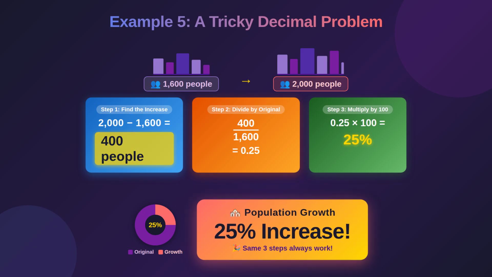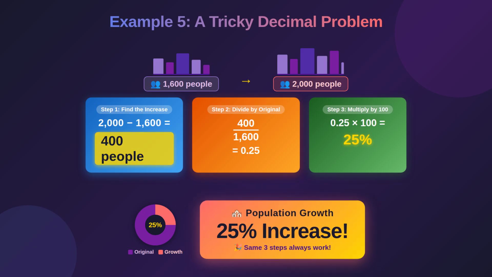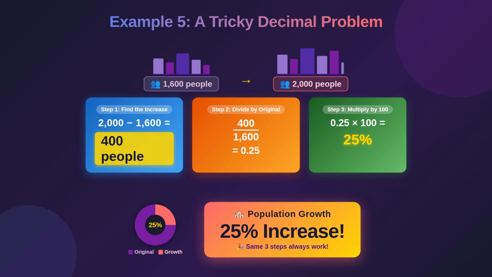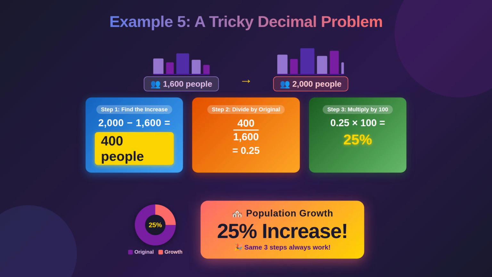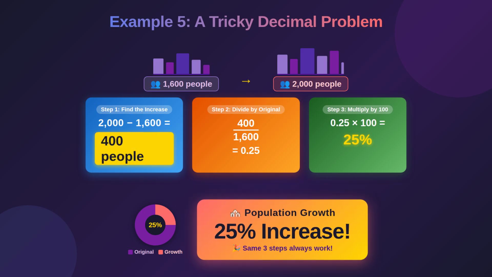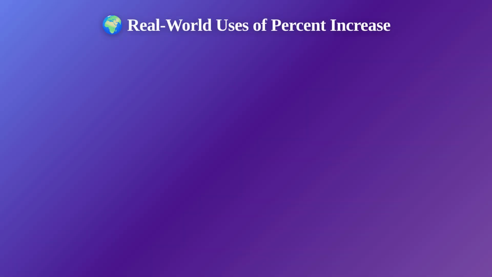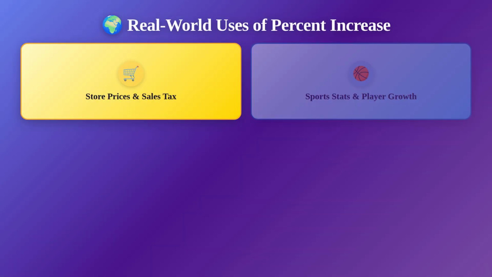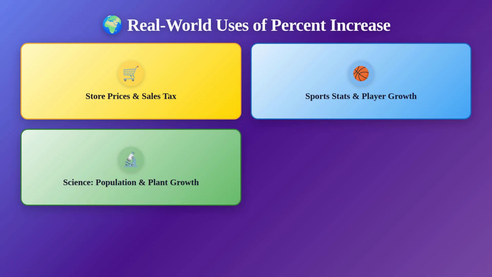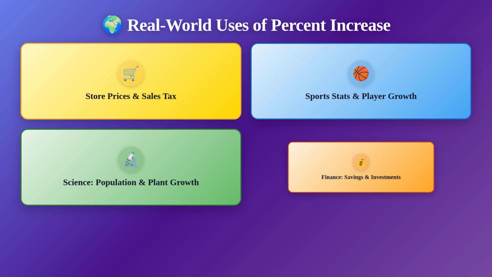Multiply by 100. 0.25 times 100 equals 25. The town's population grew by 25%. Notice that even though the numbers are bigger, the same 3 steps work perfectly. Maya realizes she can solve any percent increase problem now, big numbers or small. The formula never changes.